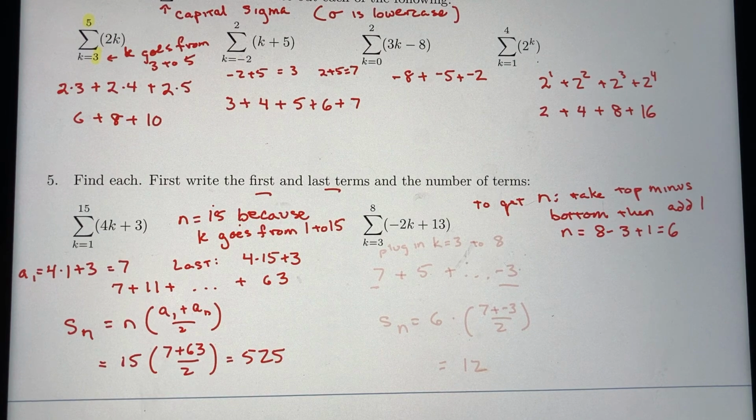All right, so plugging in the first number, 7, right? -6 plus 13. Plugging in 4, we have -8 plus 13. Plugging in the last number, negative 16 plus 13 is negative 3.